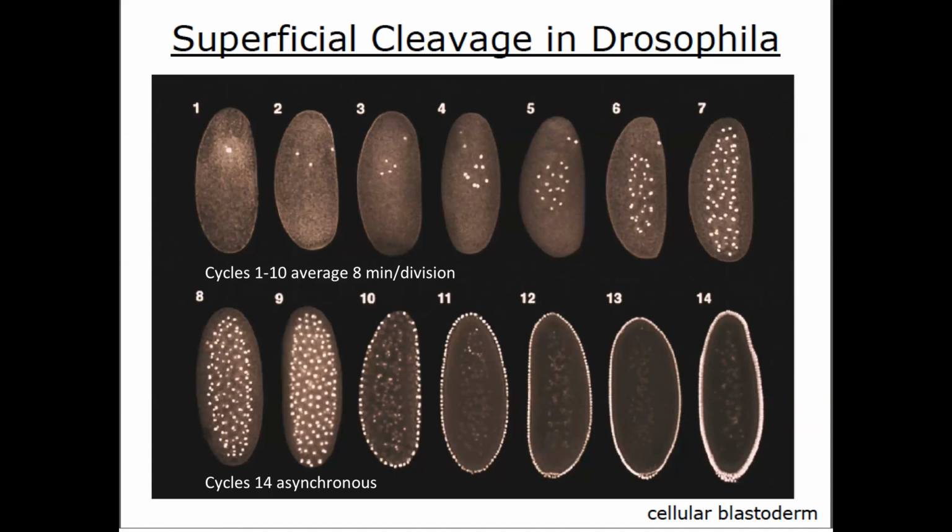All three of these major events together lead to the maternal to zygotic genome transition. And once that happens, it leads to events that will lead to cellularization and then gastrulation.